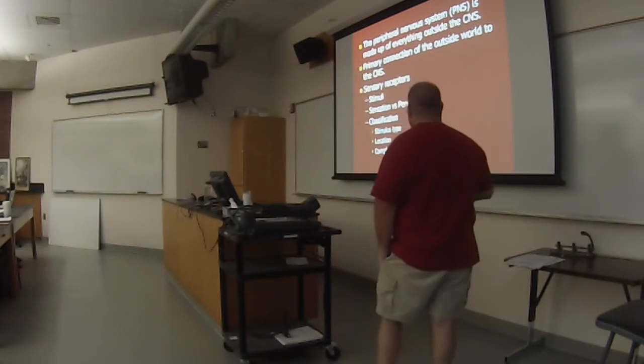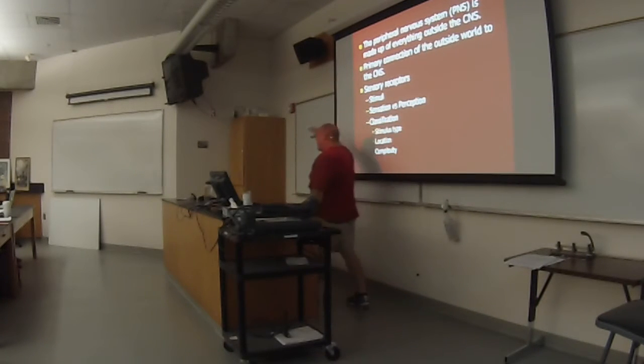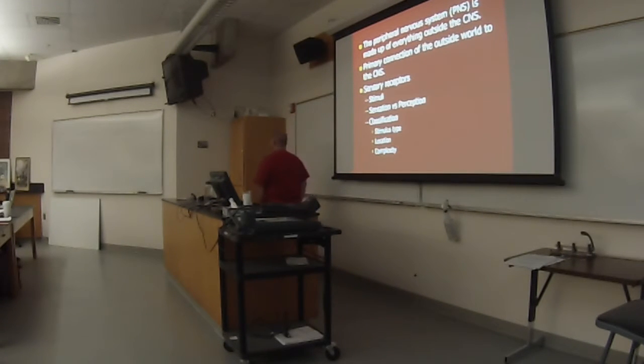Now, when we classify, let me take it back up, because I want to make sure I drill this point home. There is a lock and key process in all of this. In other words, for each receptor, there's a specific type of stimuli. And you have to have them match up.